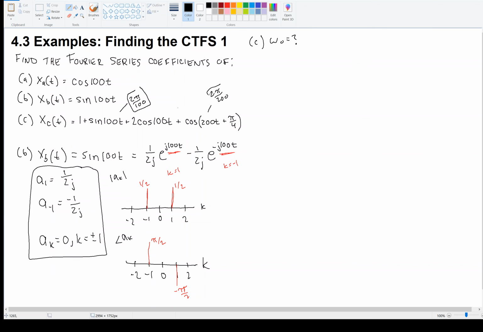Or no, excuse me, this one here. And this is twice that one. So this is the least common multiple, and that means the fundamental frequency is 2 pi is 200. No, I'm sorry. Let me back up.